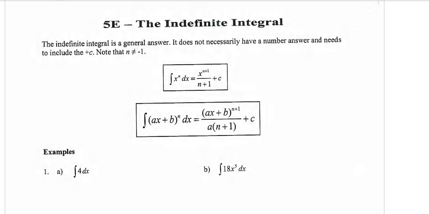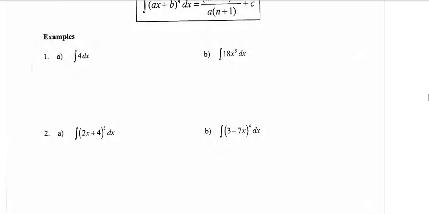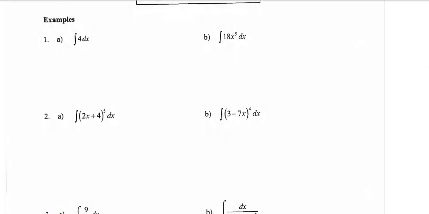All right? So let's do some, starting with easier ones and getting more complicated. So integrating 4. Because it is a constant, we're going to add an x to it when we integrate it, and then we just go plus c. Done. Next one, 18x to the 5.